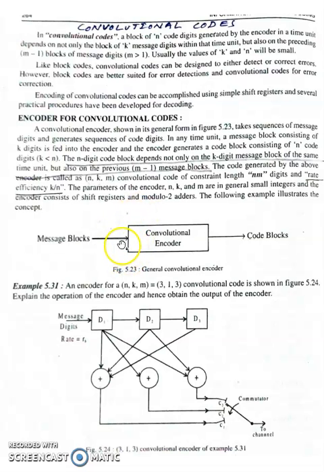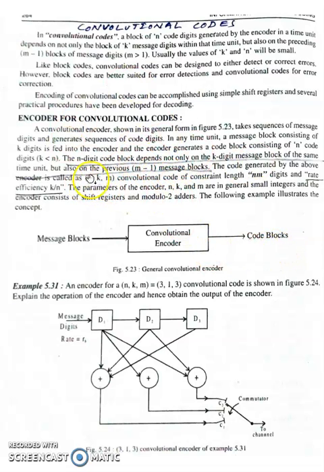Linear sequential circuits are referred to as the encoding circuits for convolutional codes, and sequential decoding, threshold decoding or Viterbi decoding are the decoding circuits. So as we said, k message bits along with m minus 1 previous message bits lead to the code block, which is the convolution code. That's the picture shown here.